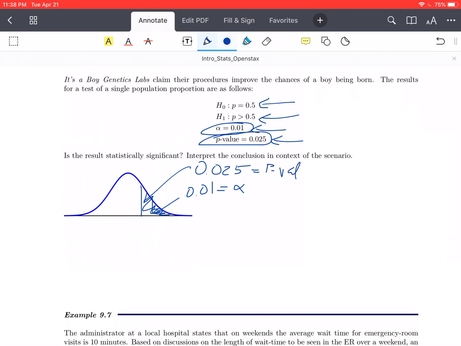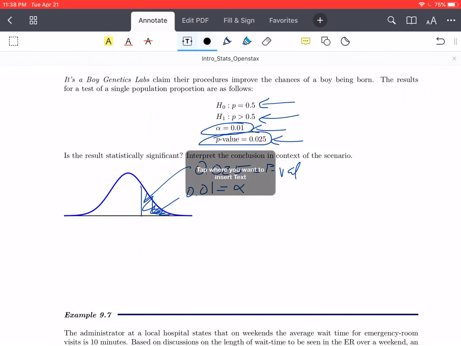Since our p-value is larger than our alpha value, that means the result is actually somewhat likely. It's not entirely out of the realm of possibility that you could get this result even if the probability was 0.5 to begin with. Even if the null hypothesis was still true, you could still get this result.